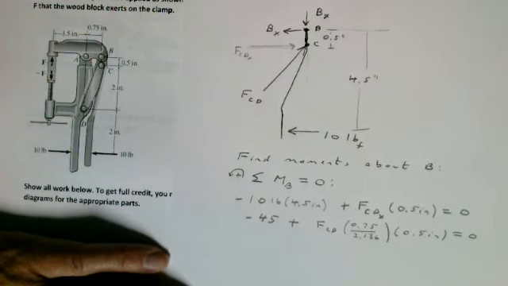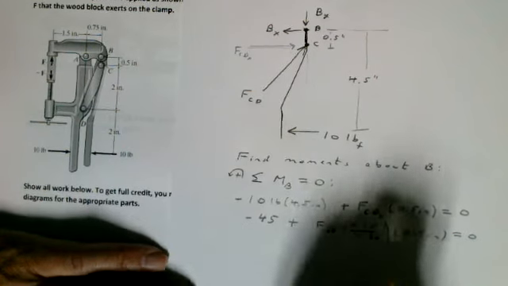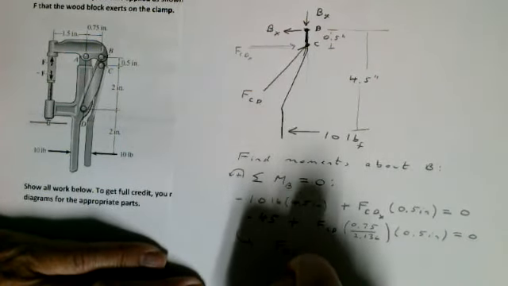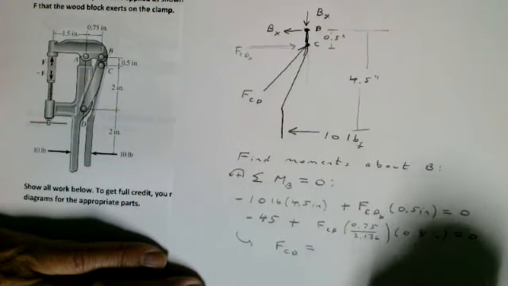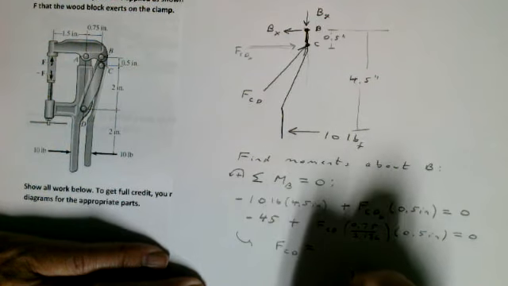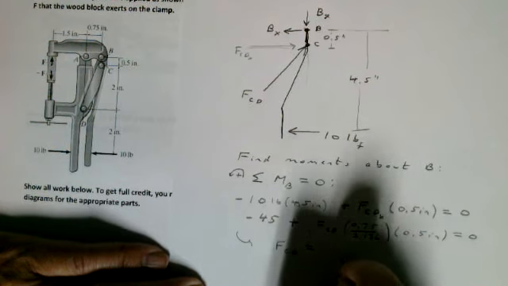And then solve for your FCD. And when you do that, when you put everything into your calculator, it gives us 256.32.